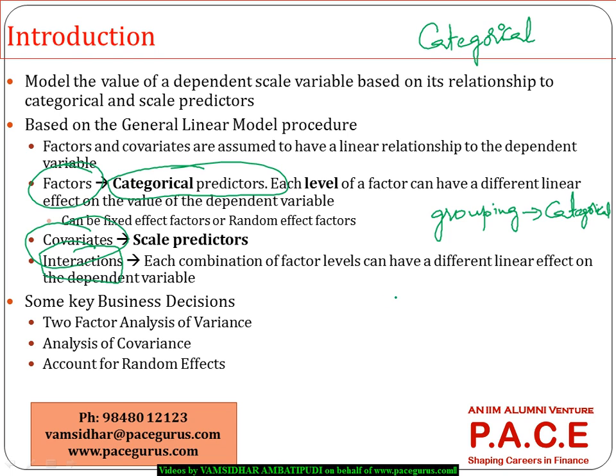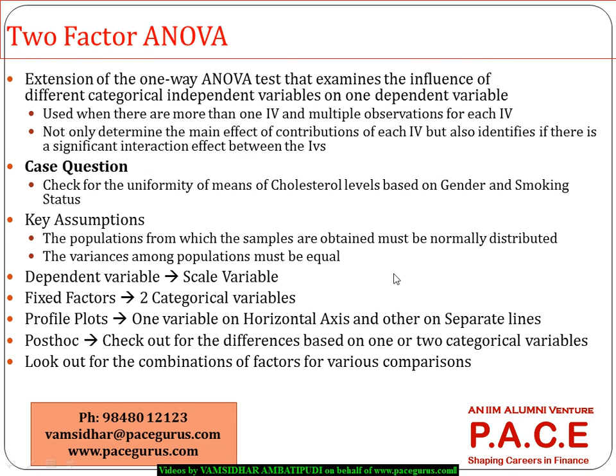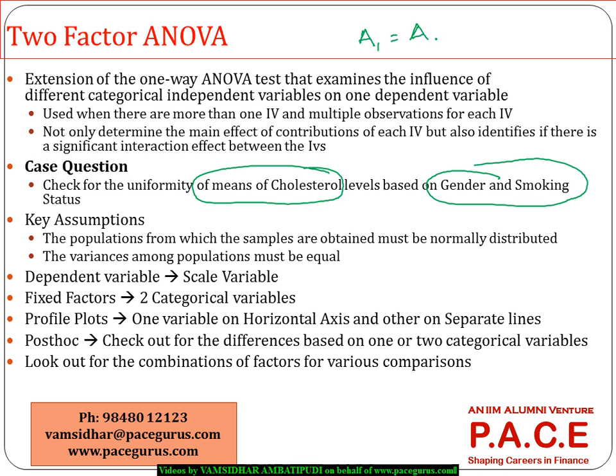I'll look at the case question, which probably would become easier for you. I want to compare the equality of the means of the cholesterol levels based on gender and smoking status. When I have done one-way ANOVA, one-factor ANOVA, we were comparing the average cholesterol levels across different genders.